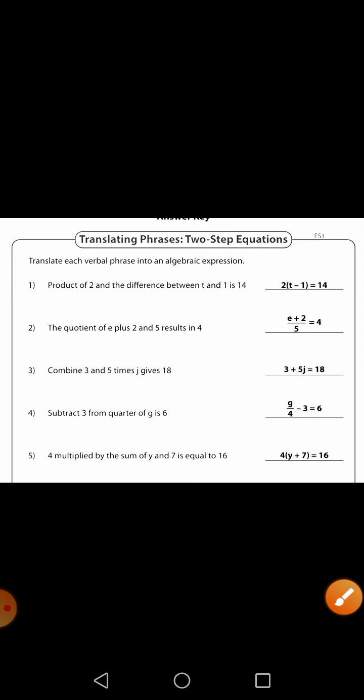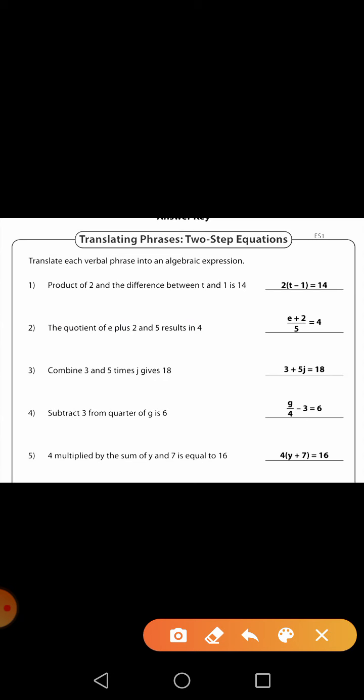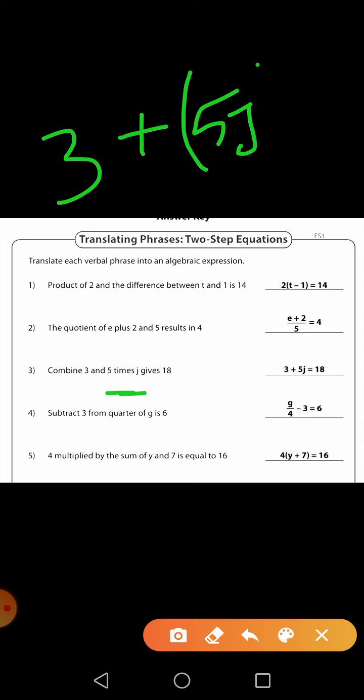Let's make number 3. Combine 3 and 5 times j. Combine means plus, right? 3 is here, and 5 times j goes between brackets, because there are two operations. It gives 18, so equals 18. Is that hard? I think it's so easy.